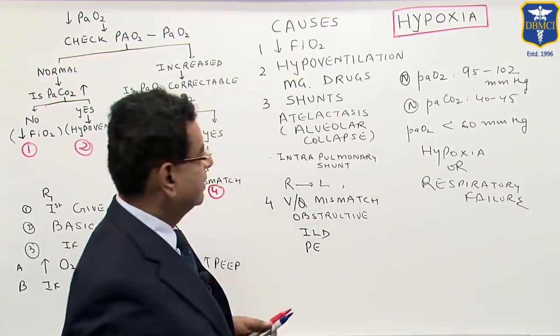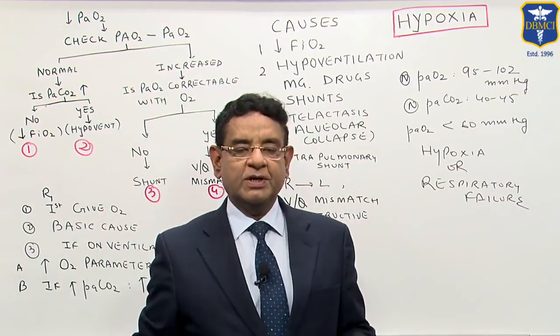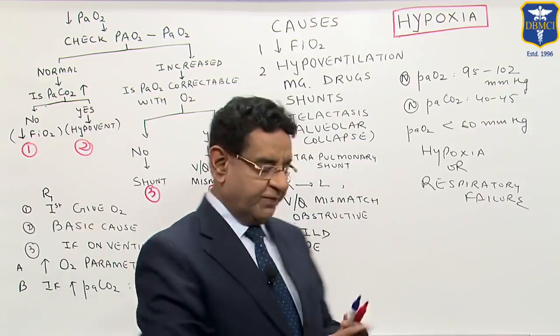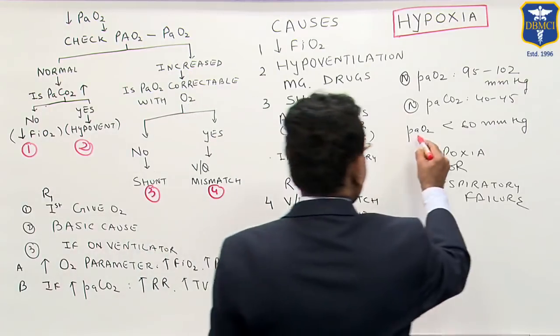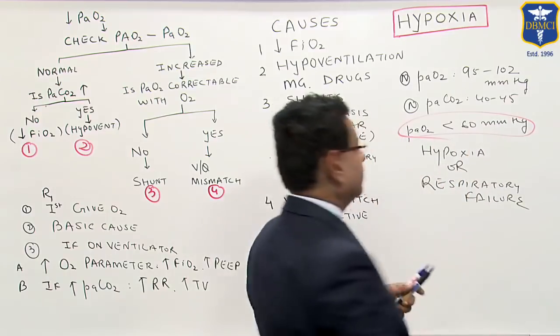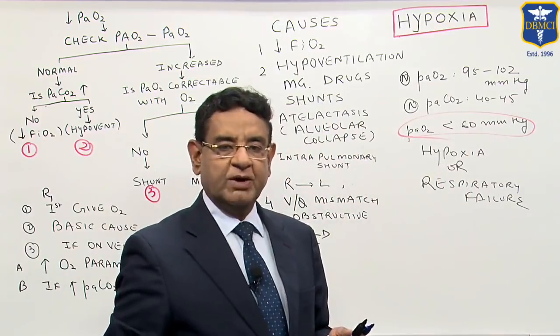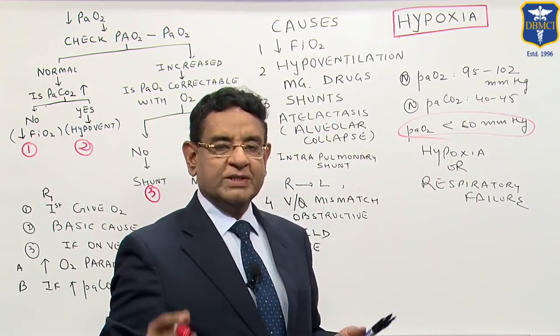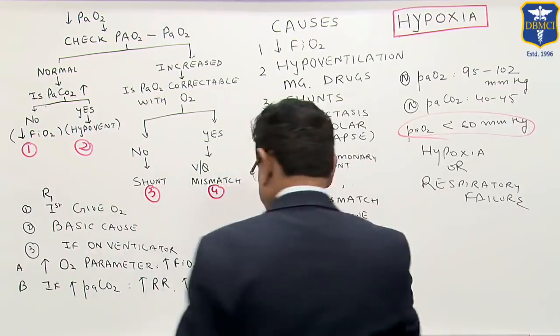Okay. So the prerequisite for hypoxia or respiratory failure is low level of PaO2. Now let's see what is the type 1 failure and what is type 2 failure.